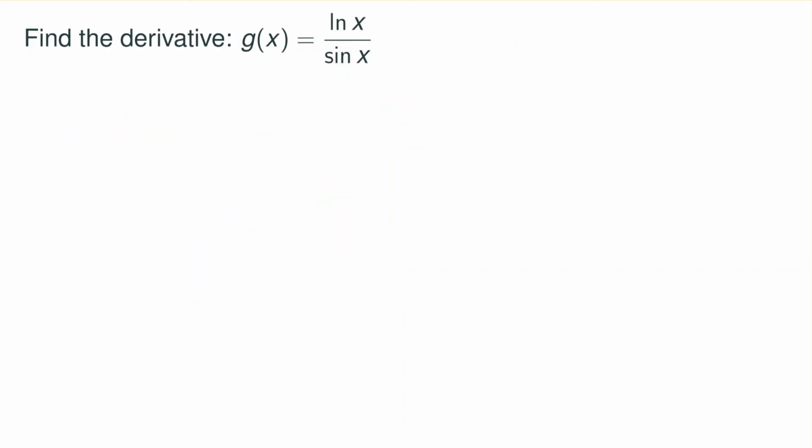Find the derivative of ln x over sin x. So here we have to use the quotient rule. Of course, it's important for you to recognize that we have to use the quotient rule.